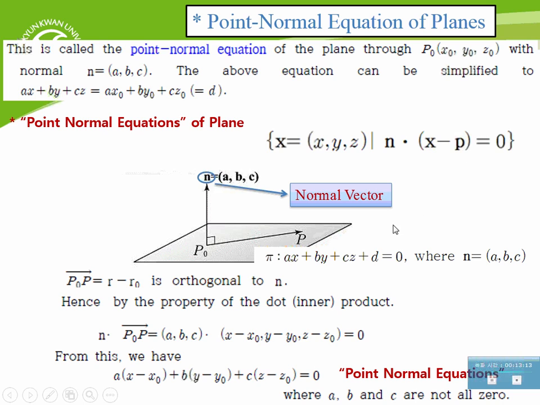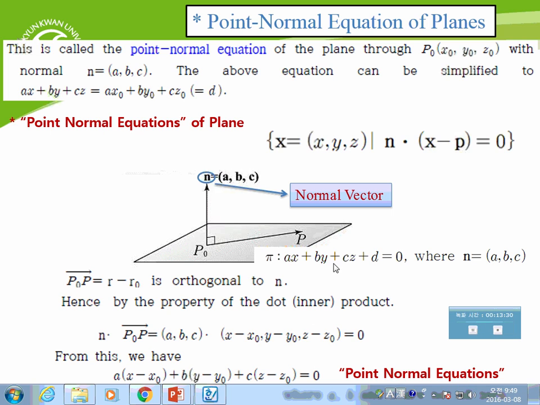So n times this direction vector can be written in this way, and these two things are the same, aren't they? This is ax plus by plus cz plus some constant, which can be written as d.